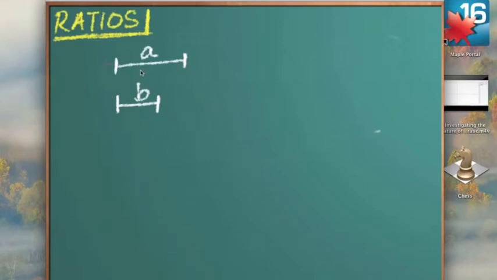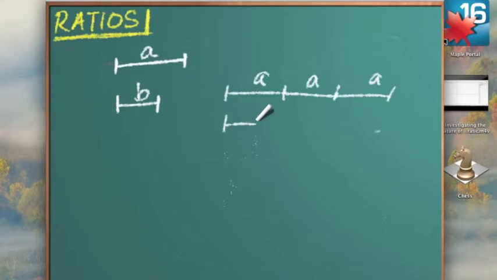Now, we could do the same thing. We could take A and put together a bunch of A's together, A, and another A, and we could put together a bunch of B's, and when the 2 lengths became equal, we would be able to tell the ratio between A and B, just like we were able to do with the cricket ball and the tennis ball.